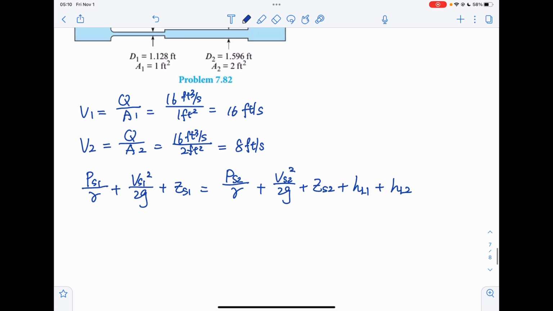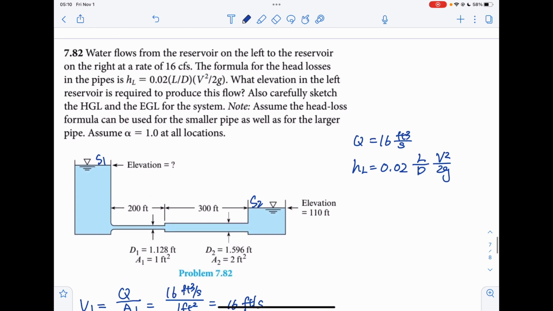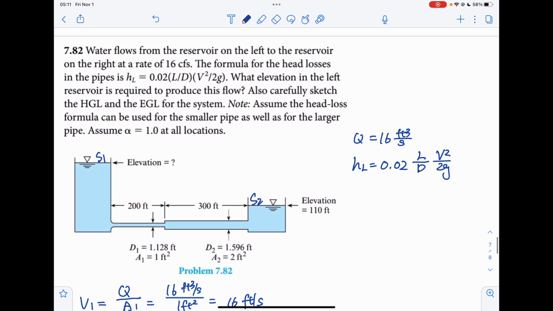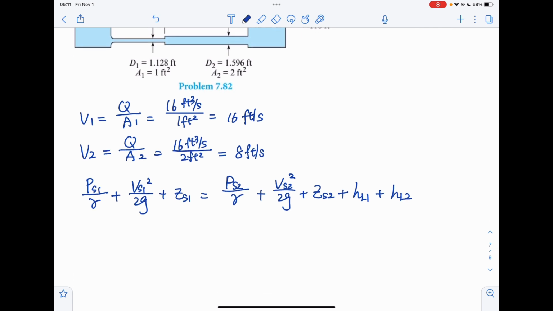Okay, and please notice we are entering the reservoir directly from the second pipe, so we will have another head loss, a velocity head loss due to the end of the pipe. Okay, so that will be the loss at the outlet.